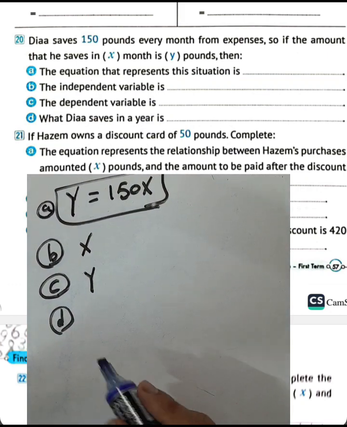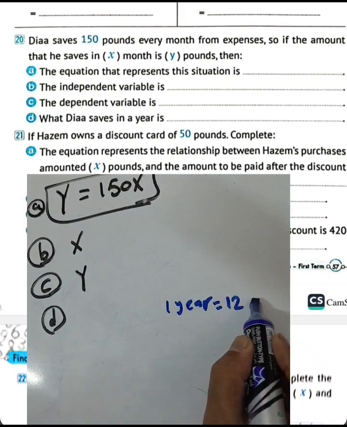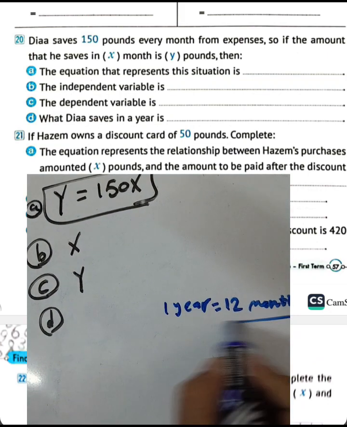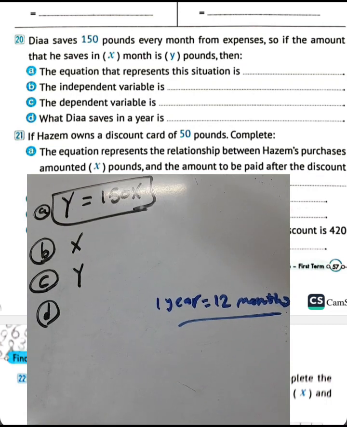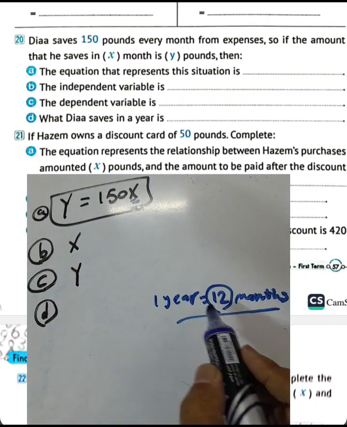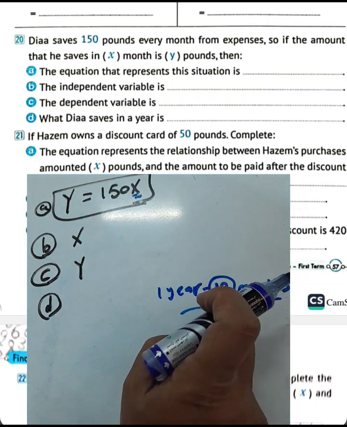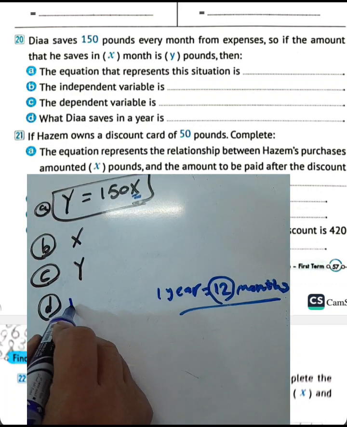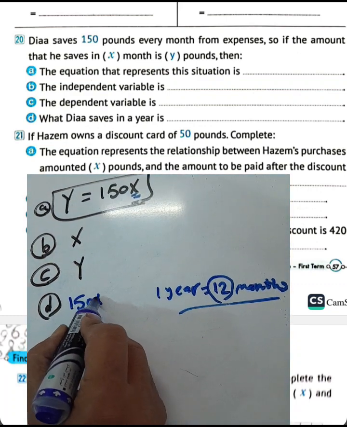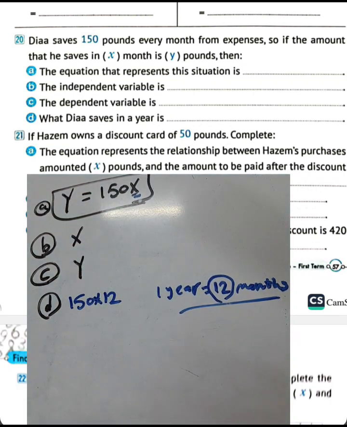We know 1 year equal 12 months. Then x here will be equal 12 because x refers to 1 month. Put x equal 12. Then the result will be 150 multiplication by 12 to find what Dia saves in a year.